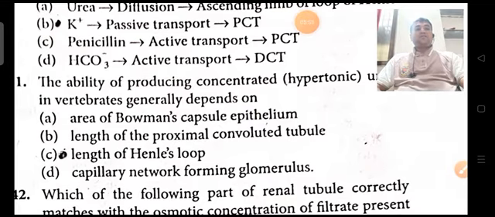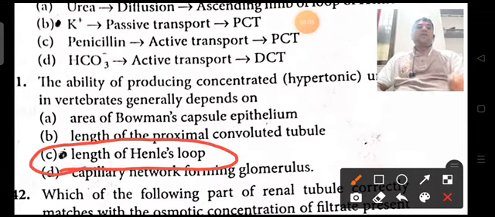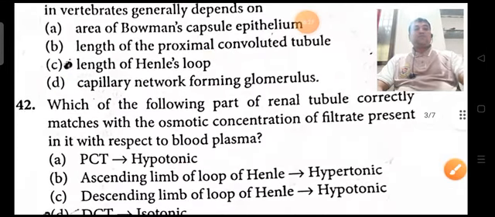Length does not matter; already we have discussed that the length of the loop of Henle makes the urine more concentrated. The loop of Henle is small in the case of frog, they lose more water and they live in water. So the length of the loop of Henle is the indicative factor for the concentration of urine, whether water is to be conserved or not.